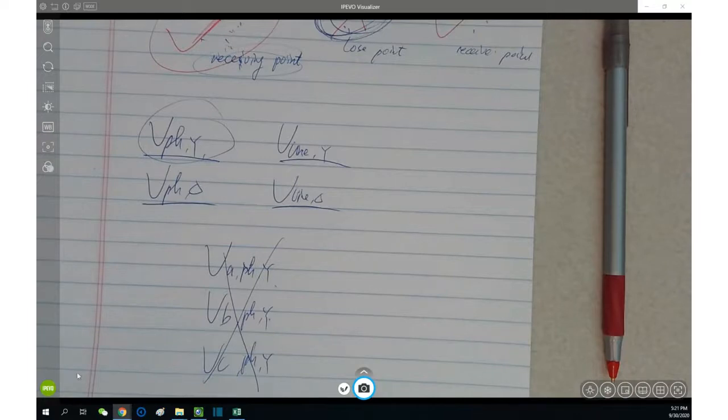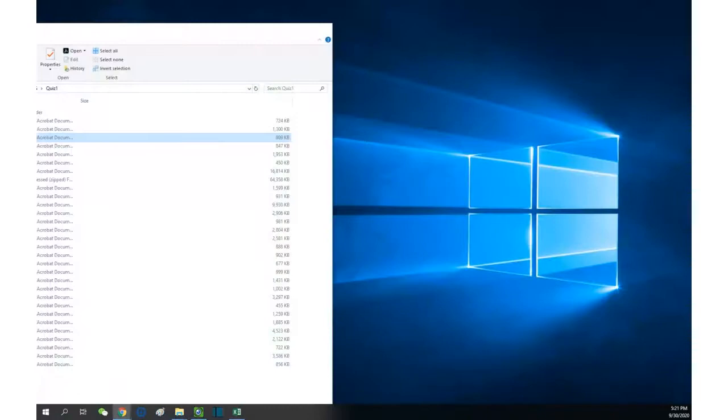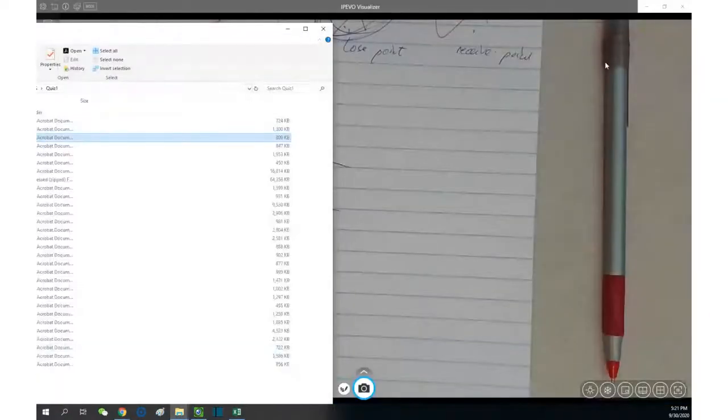And also, I have another thing here. Look at this. What you are seeing here is the file size of your submitted quiz, the quiz that just contains the answers for two problems.